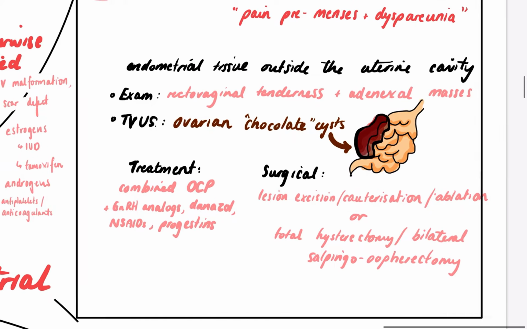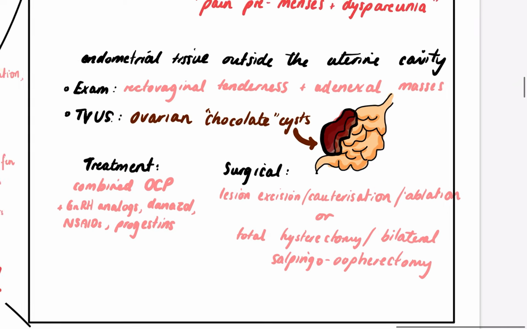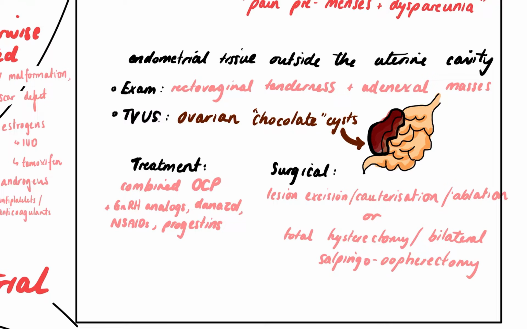On an exam, a person might present with rectovaginal tenderness and masses on their adnexa during bimanual palpation. Usually what's seen on a transvaginal ultrasound are chocolate cysts, which are made up of blood and necrotic tissue. The treatment includes hormonal treatment, which we'll go through in a bit.